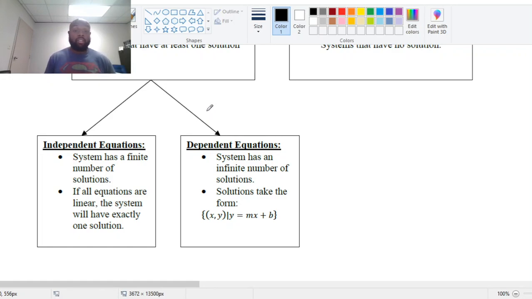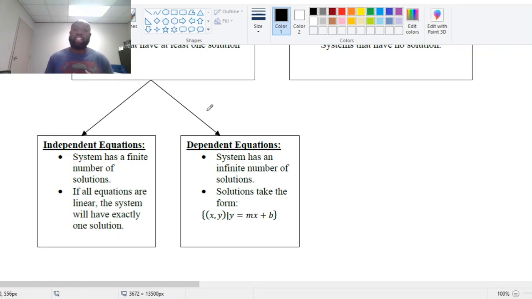Independent equations come from consistent systems such that the number of solutions in the system is a finite number. If all of the equations in our system are linear, we're only going to have one solution. So when we solve these systems and we get one ordered pair that satisfies all equations in that system, we call the equations independent. Dependent equations are a system that has an infinite number of solutions.